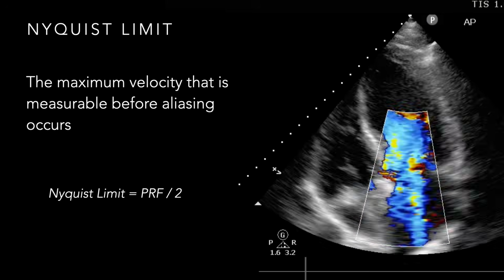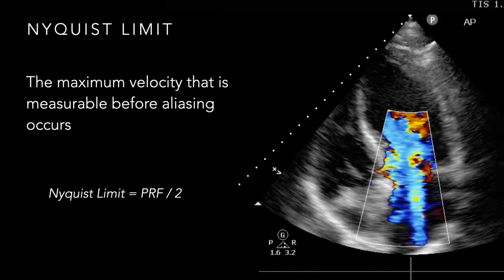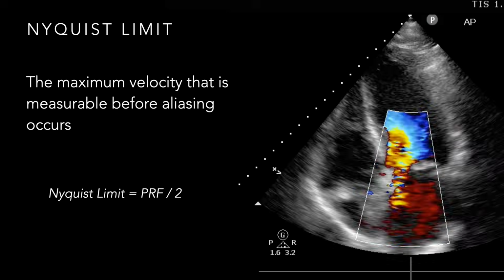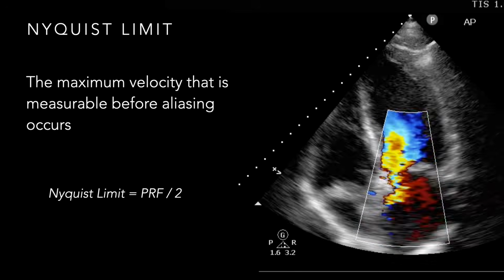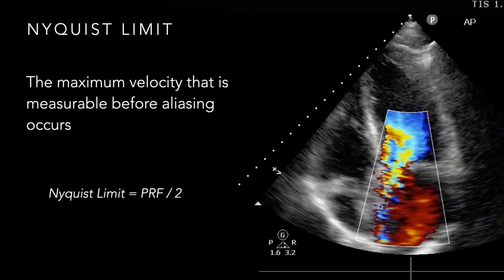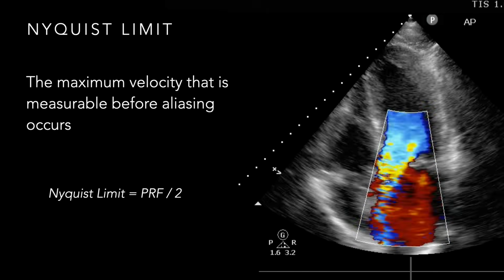The Nyquist limit is basically the rate that is required to measure moving tissue, right? And the Nyquist limit is equal to the pulse repetition frequency divided by 2, right? Or said differently, the pulse repetition frequency has to be more than twice as fast as the rate of the thing that you're measuring, right? The fluid that you're measuring.